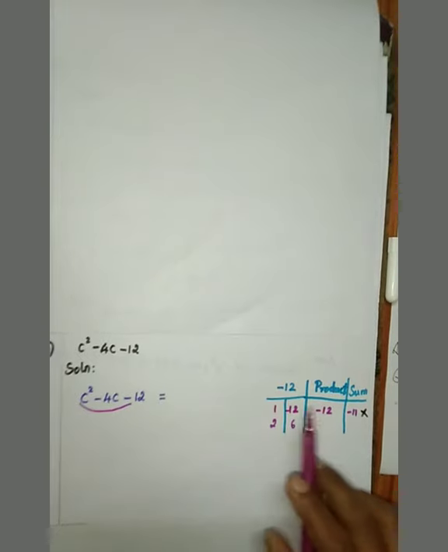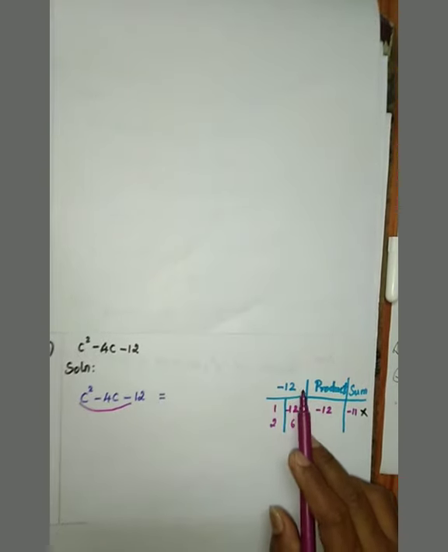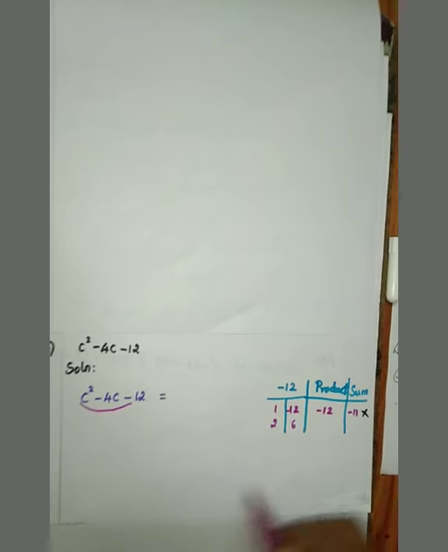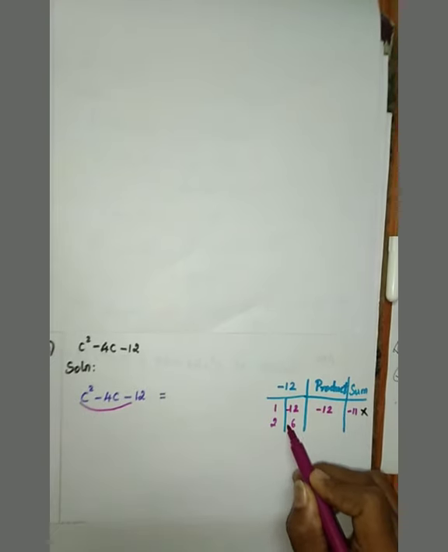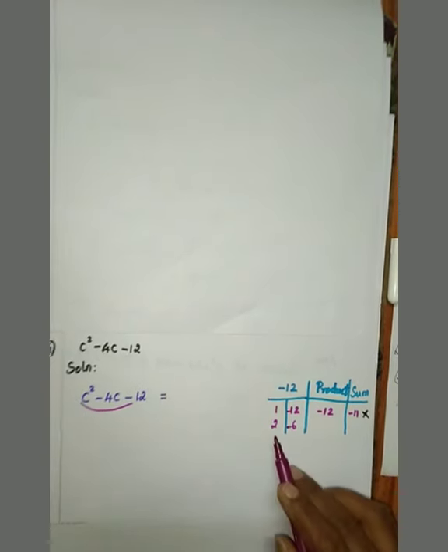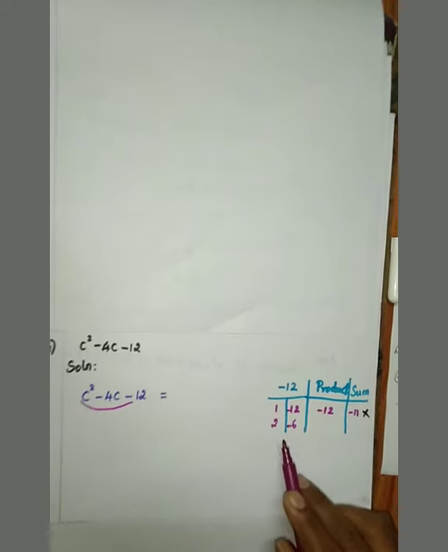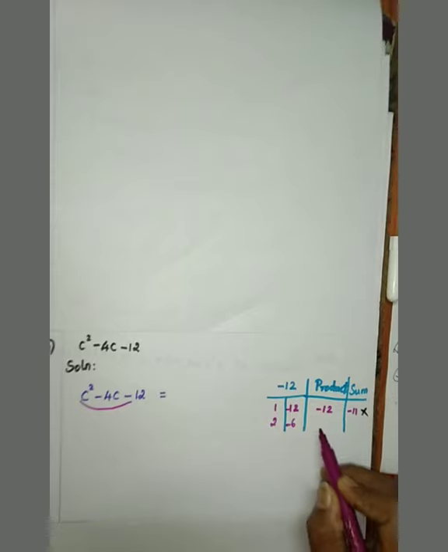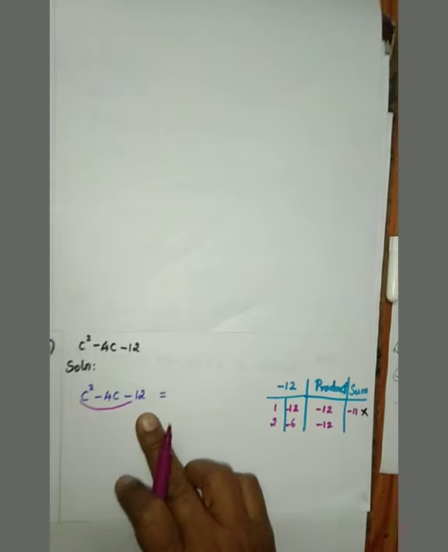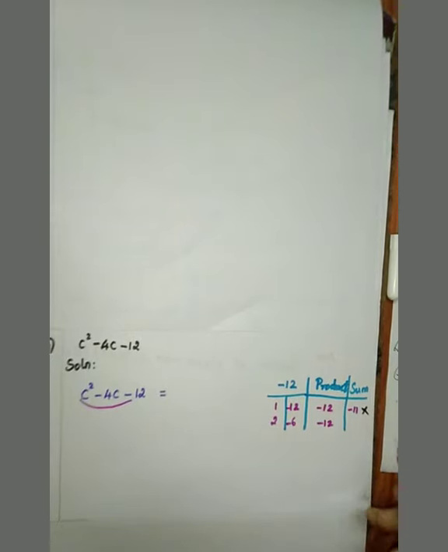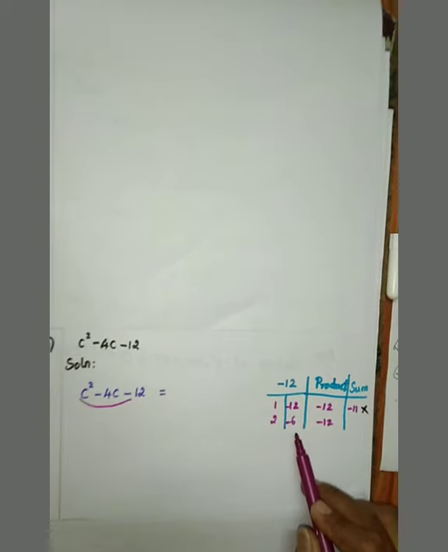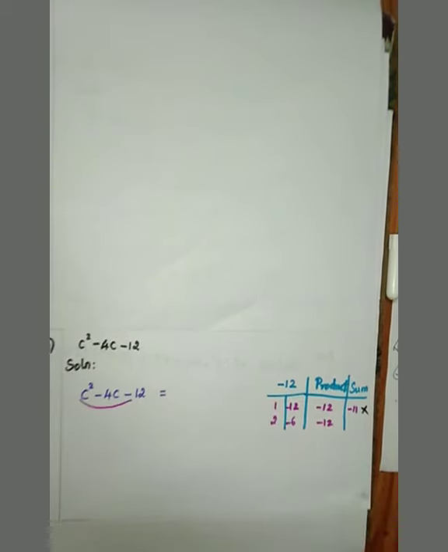So when you are multiplying here, minus 12 we have written at the top of the T. So the middle term is minus, so the greater number should be written in minus format. Now we can multiply 2 and minus 6. When you are multiplying 2 and minus 6, we get minus 12. So we have got minus 12 as a product. Then for the sum, when you are adding these two with different signs, subtract and write the greater sign.